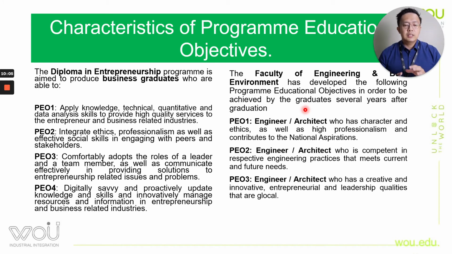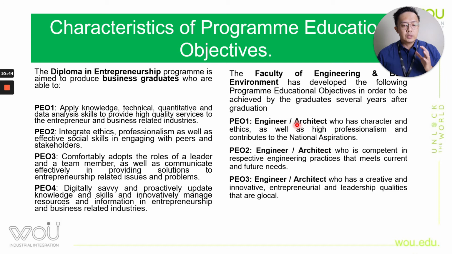This set of skills is not specific to any profession; it could be shared across professions. So you can see that in this Faculty of Engineering and Built Environment, the faculty mission or vision is to produce a graduate who has the character of ethics, high professionalism, and contributes to the national aspiration. So no matter whether you are an engineer or architect, you can share the same set of skills that the school expects of you after 4 to 5 years of graduating from the program.